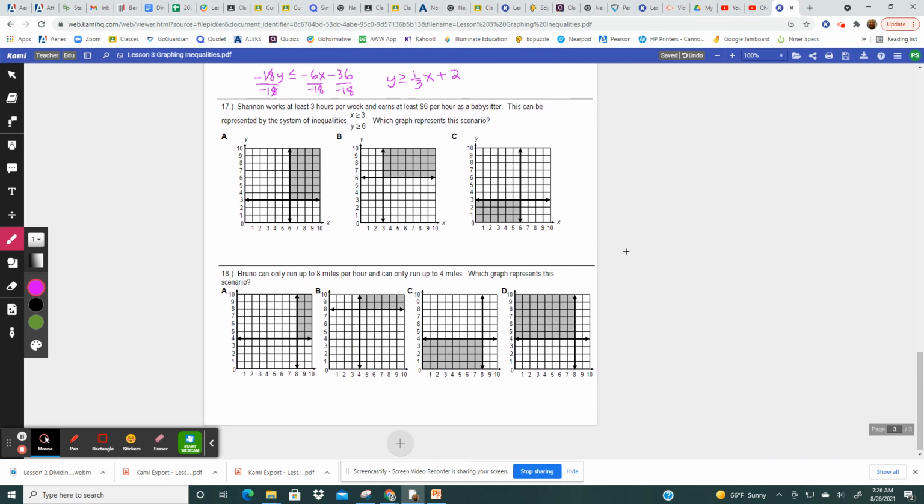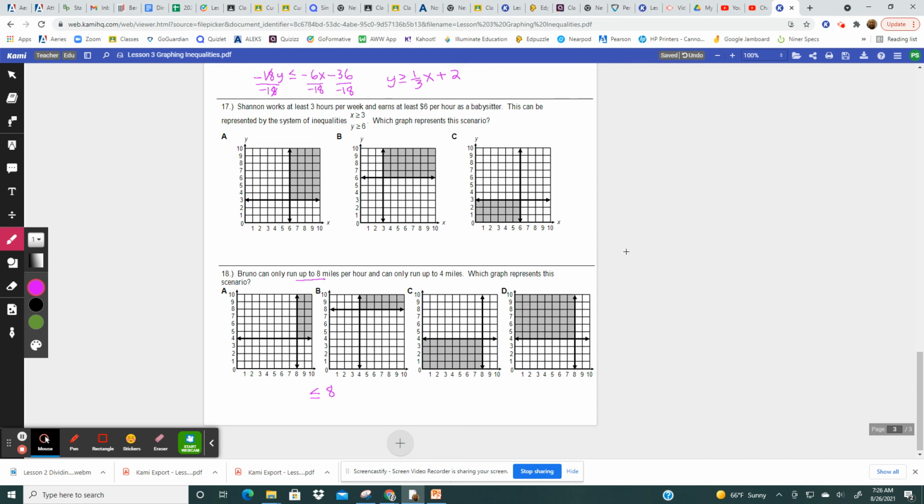Okay, so 17 and 18 are pretty similar. I think I'll do 18 because 17 already has the inequalities there for you. So it says here Bruno can only run up to, so up to 8 miles. Okay, so that means it's less than or equal to 8 miles per hour.